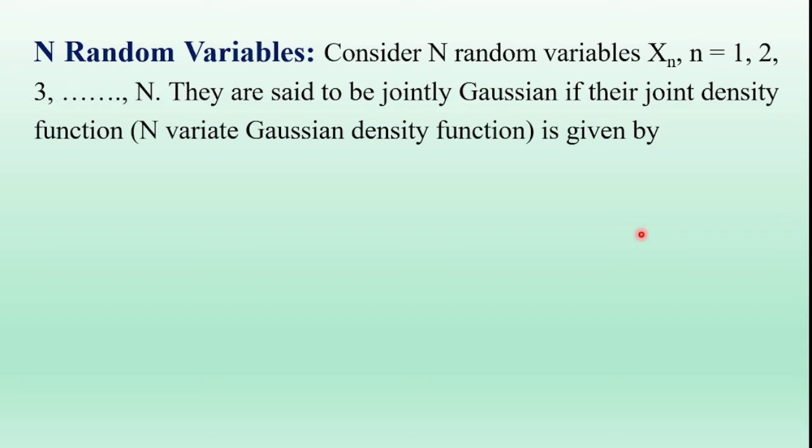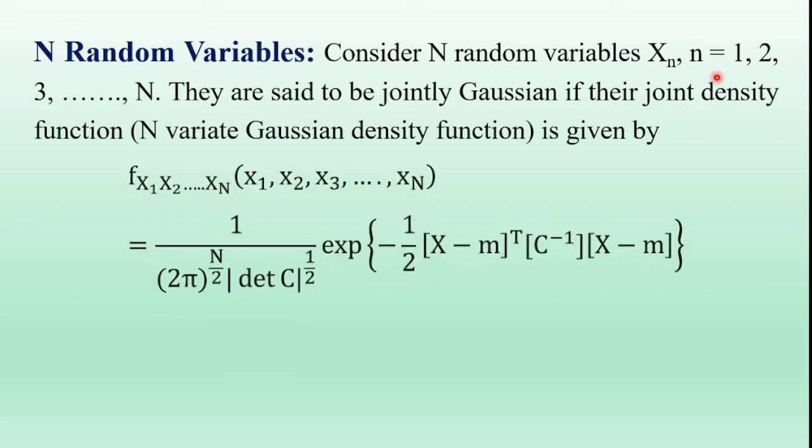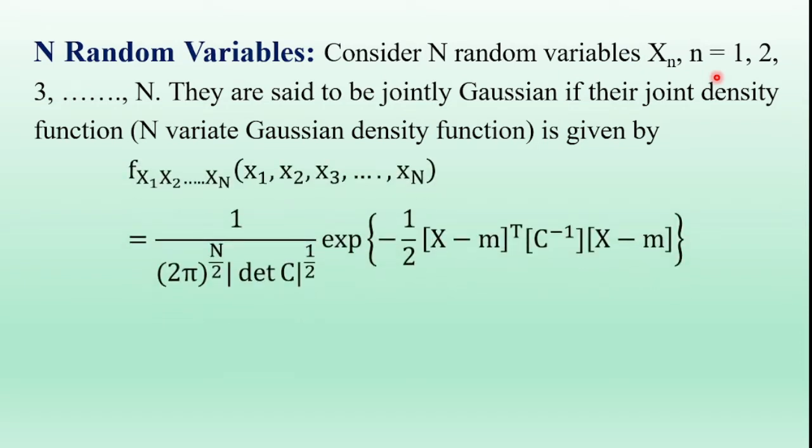Consider capital N random variables X_n, where small n is equal to 1, 2, 3 and so on up to capital N. These N random variables are said to be jointly Gaussian if their joint probability density function is given by f_X1...XN(x1, x2, x3, ..., xn) equal to 1 divided by (2 pi) whole to the power of n by 2 into determinant of matrix C whole to the power of 1 by 2, into exponential of minus 1 by 2 into (x minus m) transpose into C inverse into (x minus m).